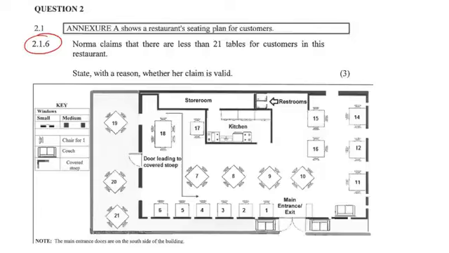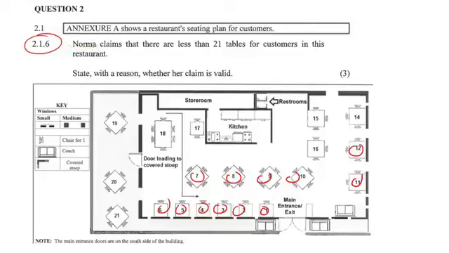Now this question says Norma claims that there are less than 21 tables for customers in this restaurant. State with a reason whether her claim is valid. At a first glance you would say she's wrong because there are 21 tables, but let's count and see that all the numbers have been added correctly. So 1, 2, 3, 4, 5, 6, 7, 8, 9, 10, 11, 12... Norma, you smarty pants.